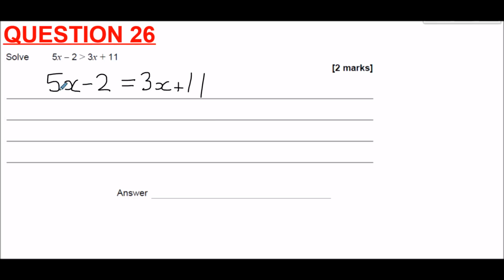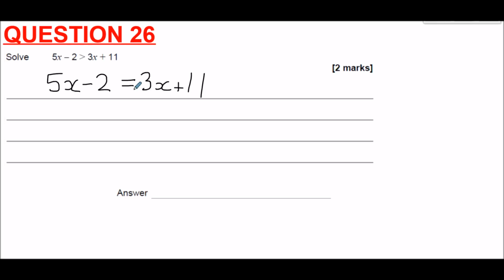Now, if we've got x's or unknown letters on both sides of the equals or on an inequality symbol, what we need to do is have all the x's or unknown letters on one side and all the units on the other. And so what we need to do is to get all the x's onto one side.